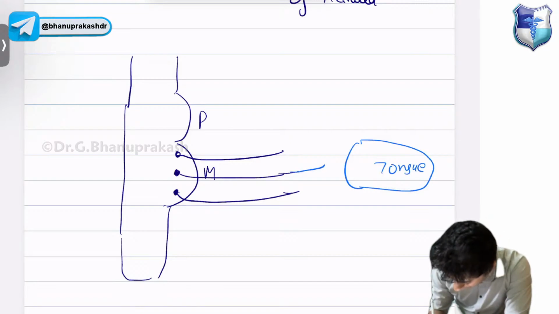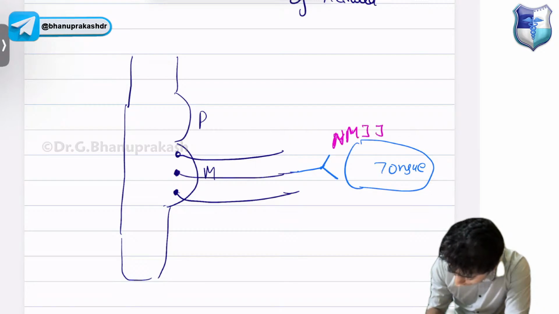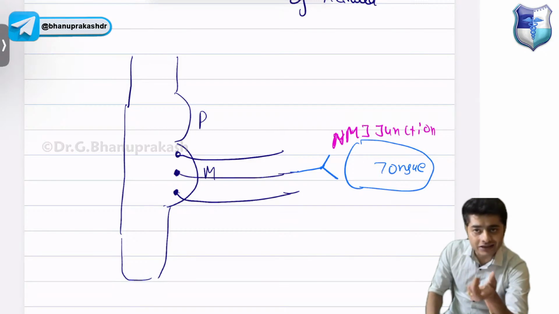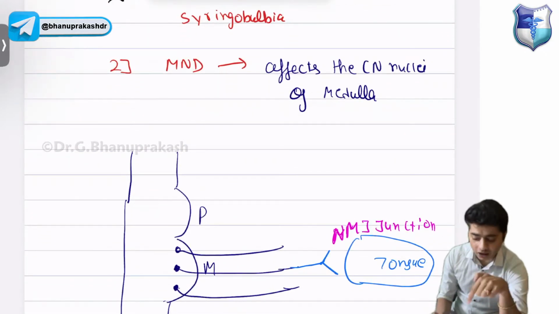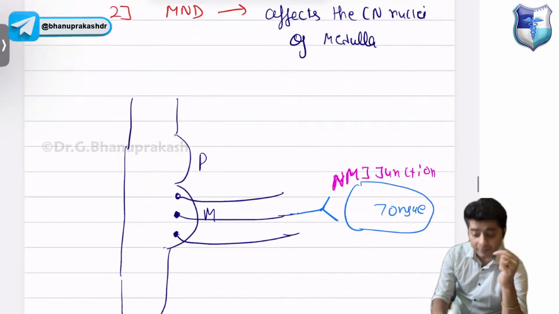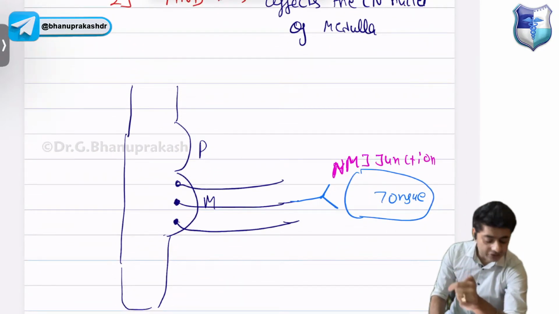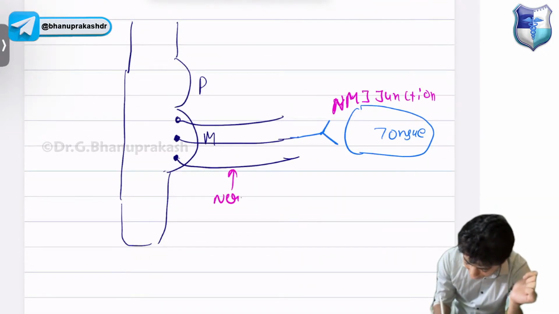This nerve will go further, and there will be a neuromuscular junction. So if there is a bulbar palsy, there can be damage at first in medulla. We have studied, there can be damage in these neurons, that is your MND. Third, there can be damage in your nerves.